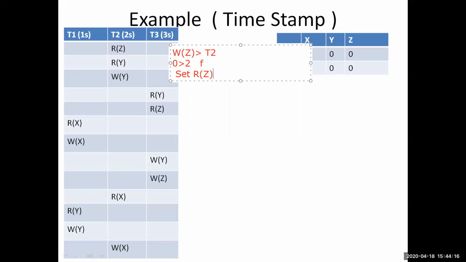If the condition is false, then set the read timestamp of Z as the maximum of the read timestamp of Z and the timestamp value of that transaction. Right now it is T2. So it is equal to maximum of 0, 2, which comes out to be 2.